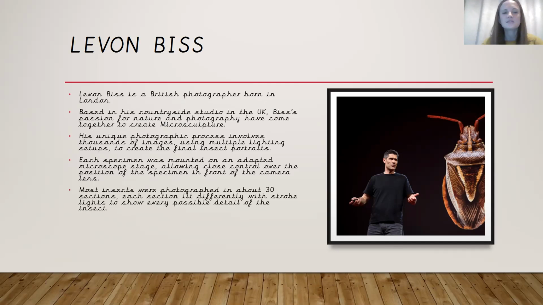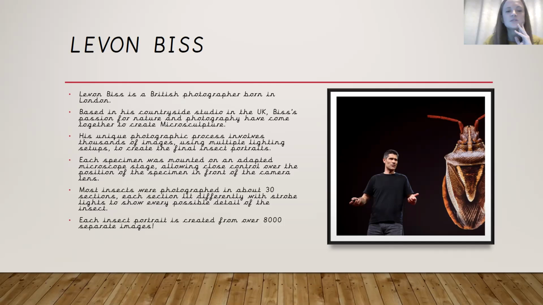So most insects were photographed in about 30 sections. Each section has been lit differently with strobe lighting to show every possible detail of this insect. So we will be looking at these, but that's the important thing to see, is that the way it's been photographed means that every detail of the insect can be seen.